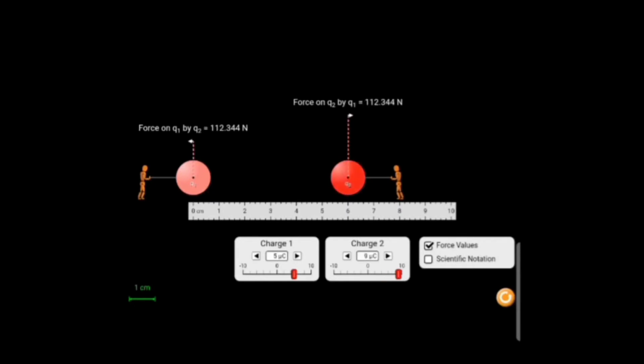They were recorded in table 2. The charge of object 2 was changed as shown in table 2 and for each Q2, the electric force between the two objects was recorded in table 2.